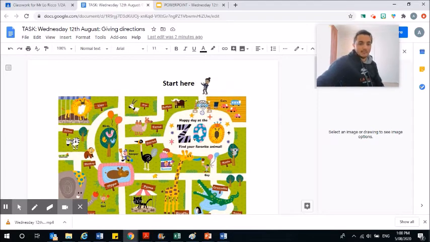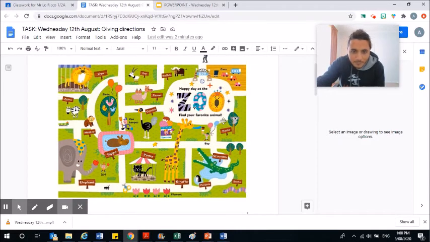So I'll be here at this point and walking anti-clockwise. Now remember, clockwise is that way, so anti-clockwise is this way. I need to walk that way. I'm going to be walking around here until I get to the koala. There's the koala.